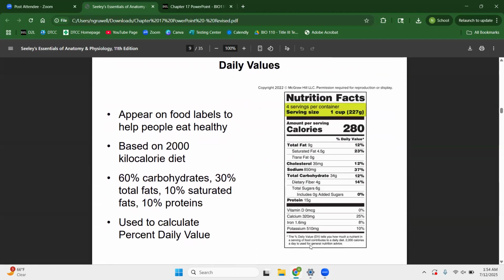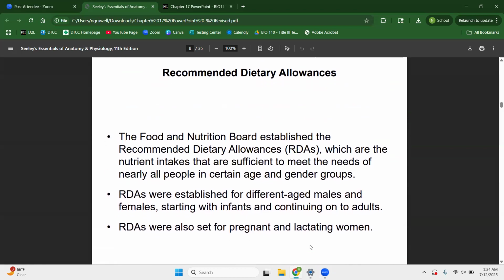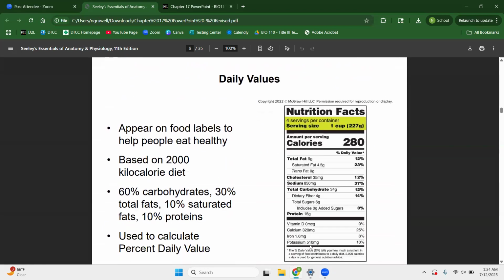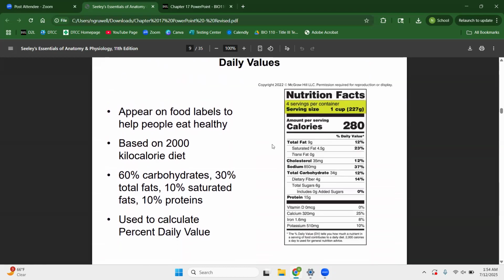All right, daily values are what appear on our food label. RDAs you can look up, but they do not show up on the food label itself. Daily values show up on our food labels, and they are based on a 2,000 kilocalorie diet, or a 2,000 uppercase C calorie diet.